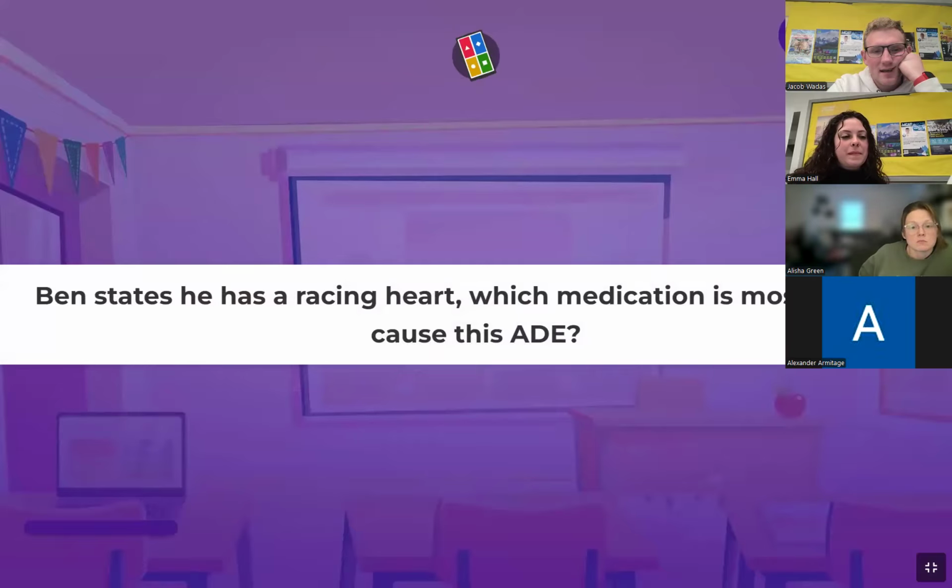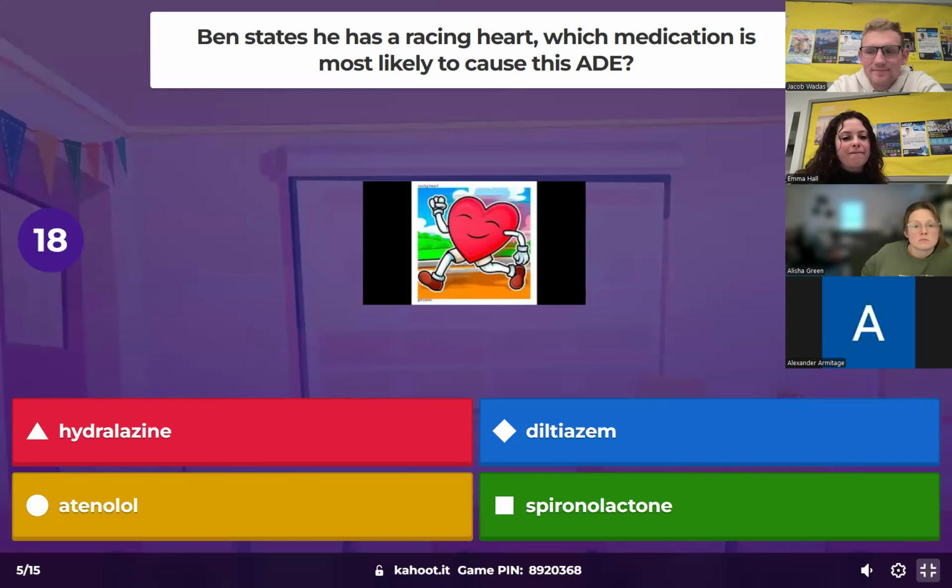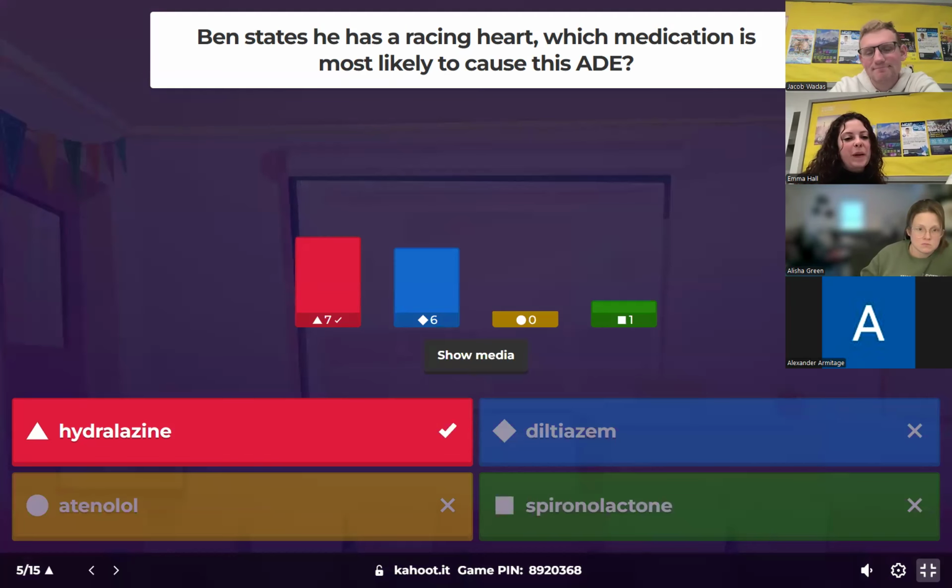Ben states that he has a racing heart rate. Which medication is most likely to cause this? Yep. Hydralazine.